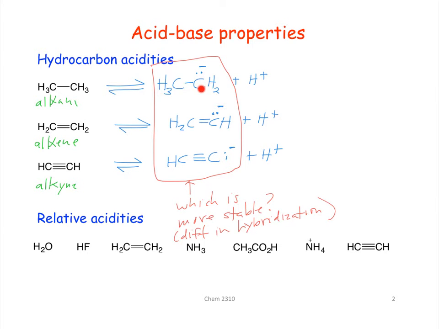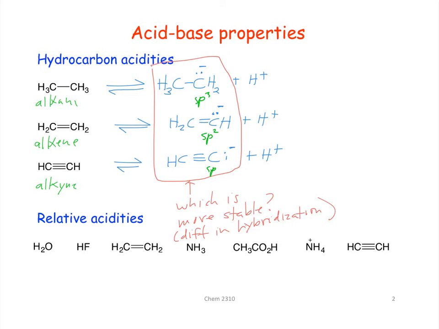This carbon has two pairs of electrons going to the hydrogens and another pair going to the carbon, and then it has this non-bonding pair now. So it has four pairs of electrons around it. They all need some space. So this would be sp3 hybridized. This one is sp2 hybridized, and this is sp hybridized.